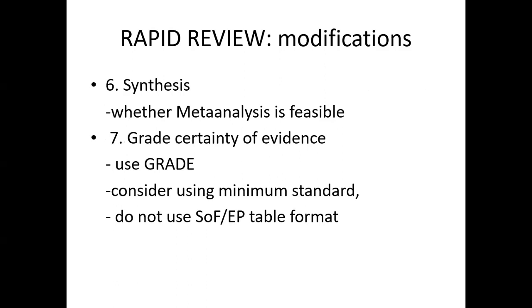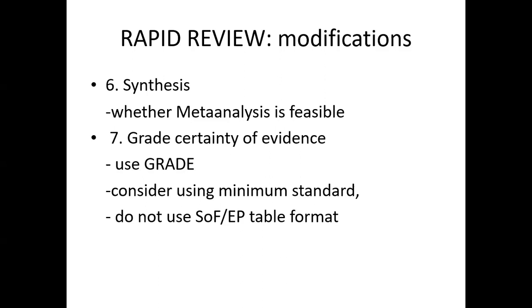When you are doing the summary of your result, synthesizing your data, you may prefer to do a meta-analysis if it's feasible. But if it's not feasible, then no meta-analysis. Then you have to grade the certainty, the quality of the evidence.